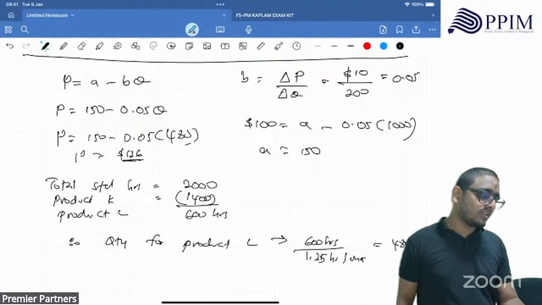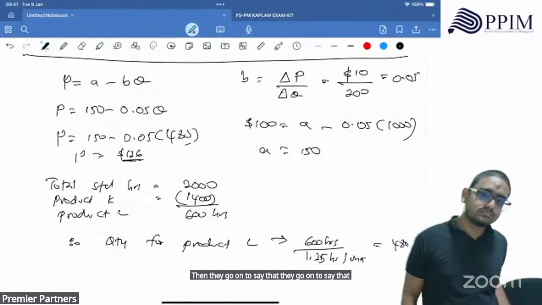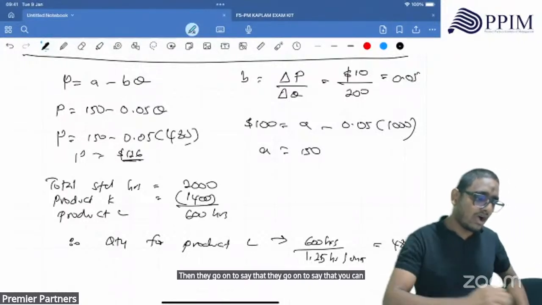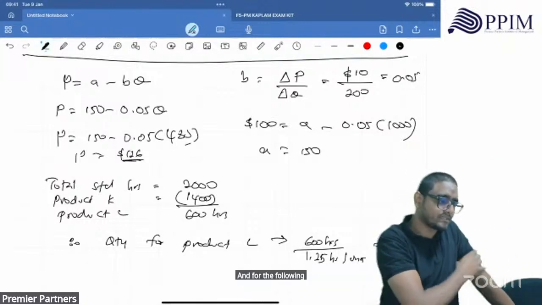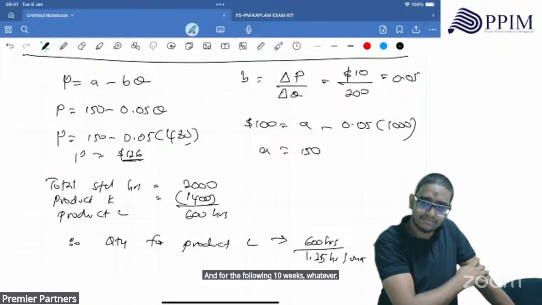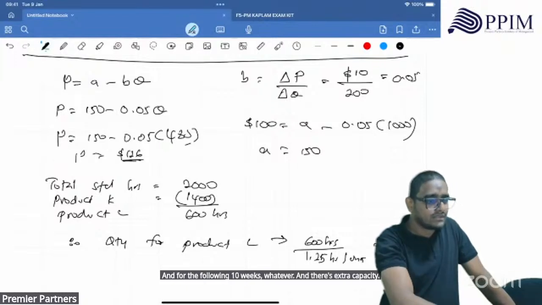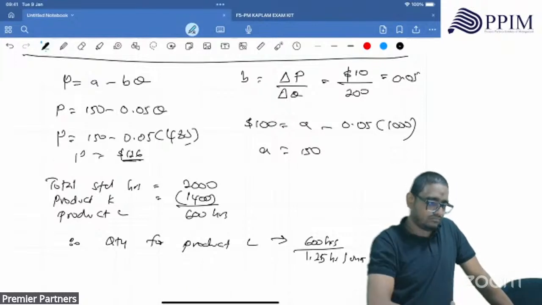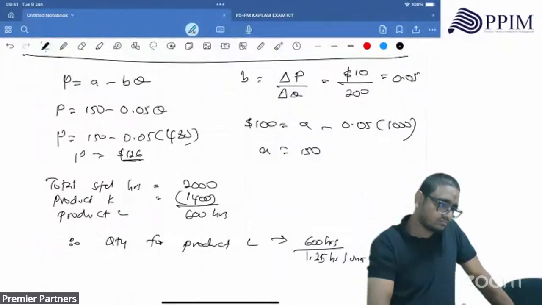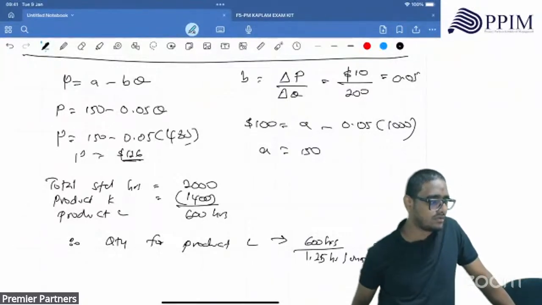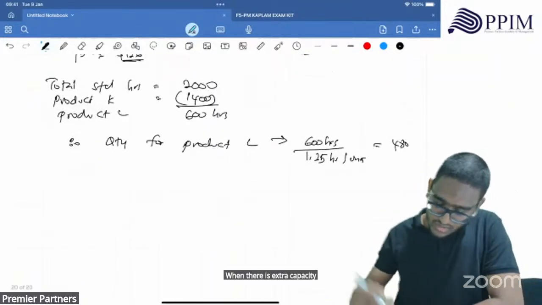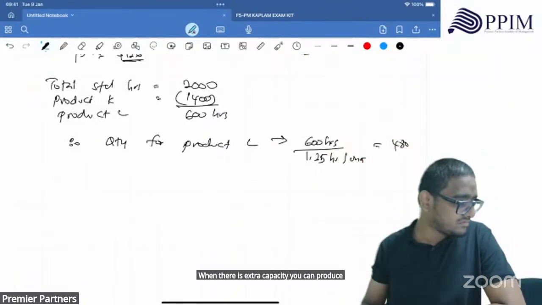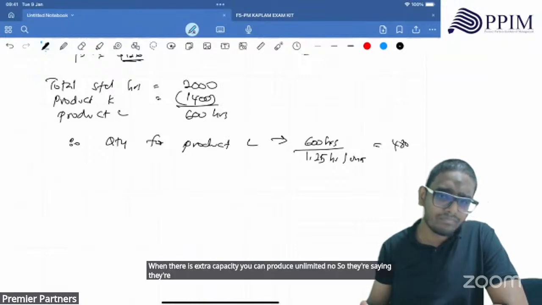Then they go on to say that you can expand after 10 weeks. And for the following 10 weeks, there's extra capacity. When there is extra capacity, you can produce unlimited, no? They're not saying limitation.